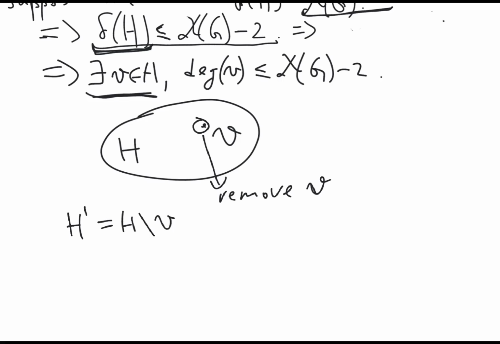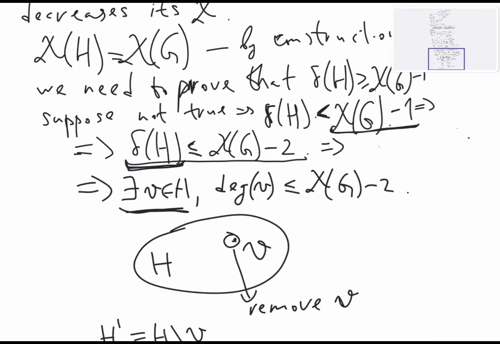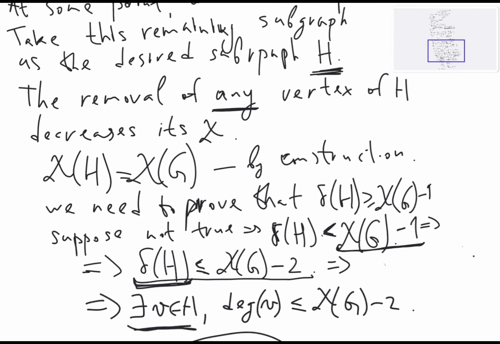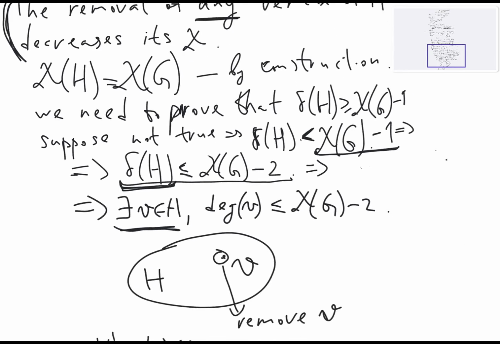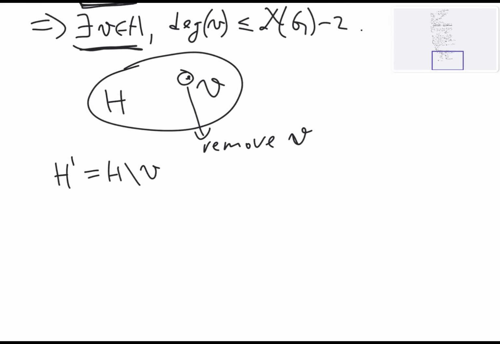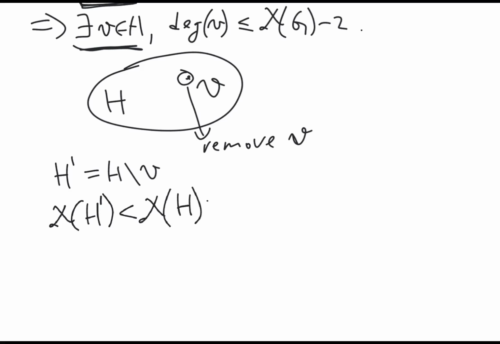By the property that we established, the removal of any vertex of H decreases its chromatic number. So the chromatic number of H prime would be strictly less than the chromatic number of H, which is the same as the chromatic number of G.